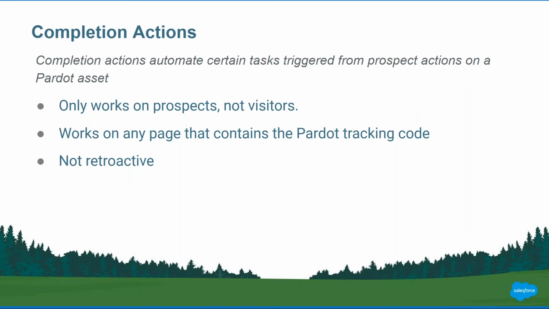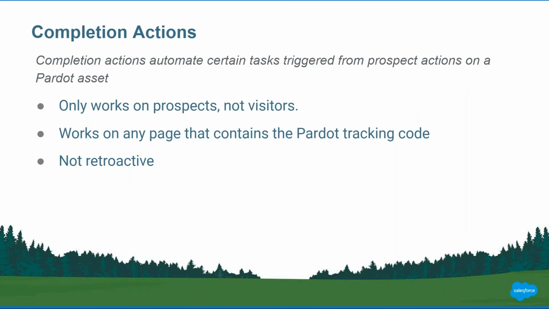One thing that you have to consider when using completion actions is that it is not retroactive, meaning that it will only apply the actions once the completion action is active. So let's say you have a completion action set up on an email so that whenever somebody clicks or opens that email, it triggers a set of actions.